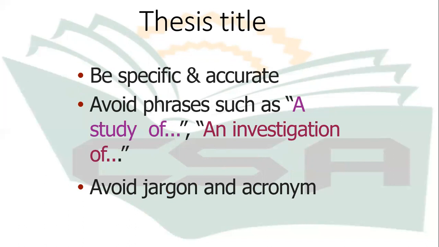You should avoid phrases like a study of, an investigation of, how to do, and how to measure. Never use these. So make your title concise, informative, accurate, and specific.